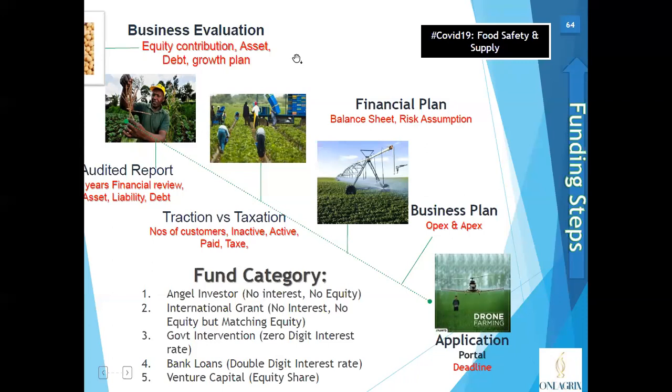So one of the steps is that after your feasibility studies, your business plan, and in your business plan is where you put your feasibility studies and how you want to capture the market. You understand? It's very important that you also have your financial plan.